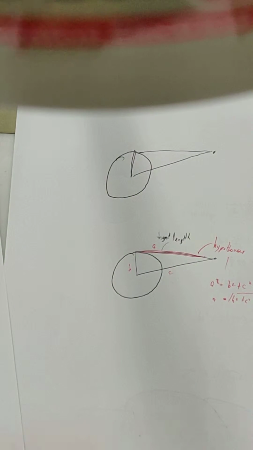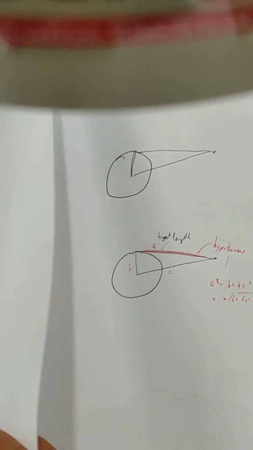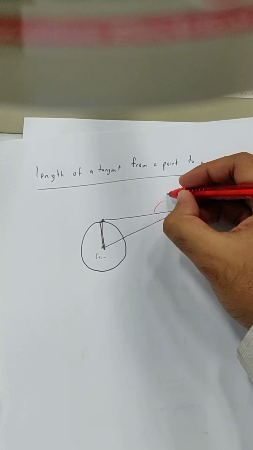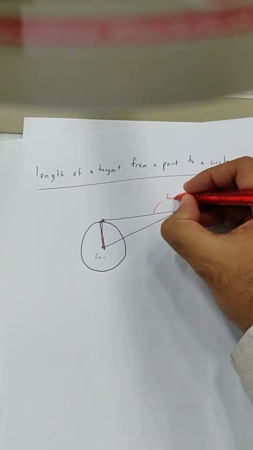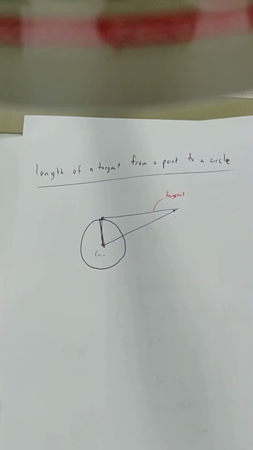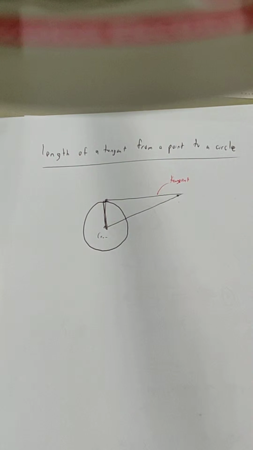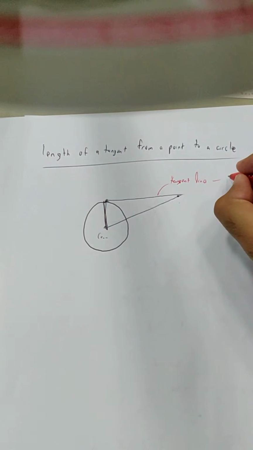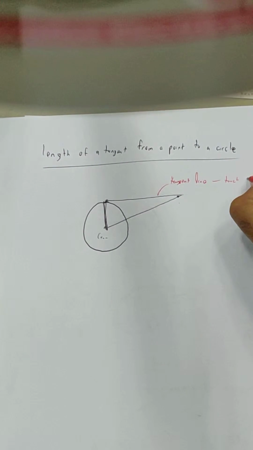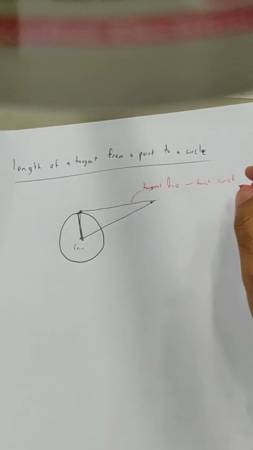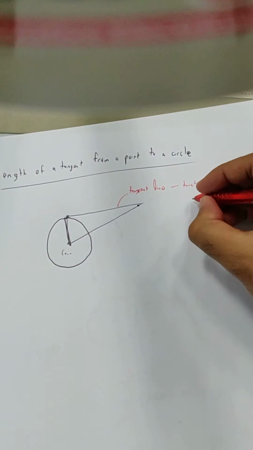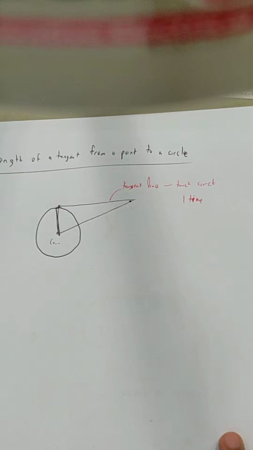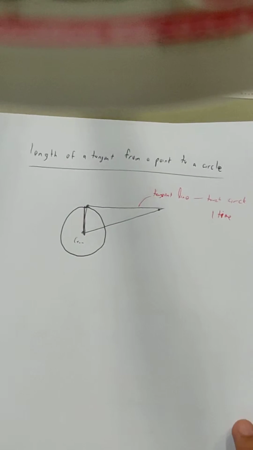Because technically speaking, when we are talking about the tangent, this is our tangent. I told you briefly the other day, what's the characteristic of a tangent line? It touches the circle only one time. And what's the other characteristic of a tangent line?